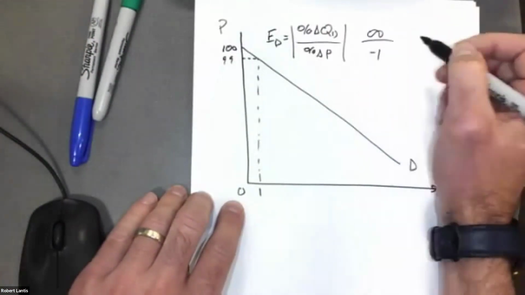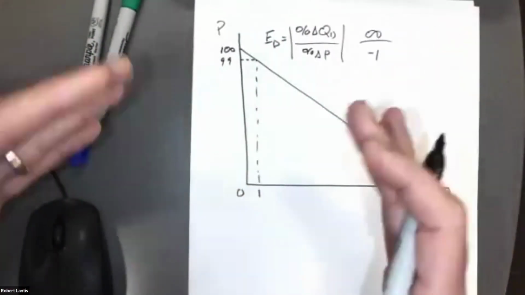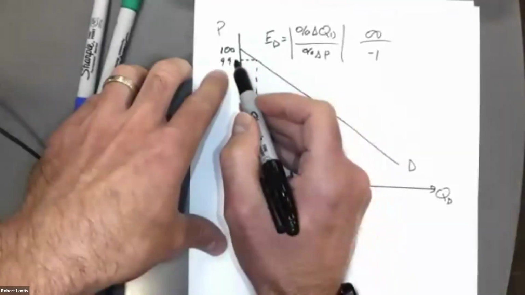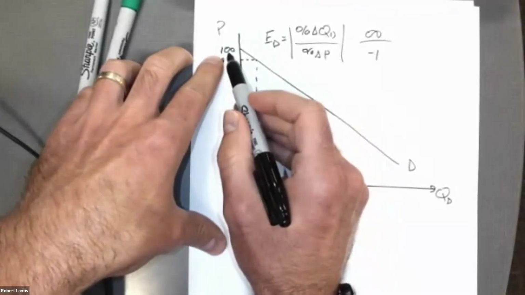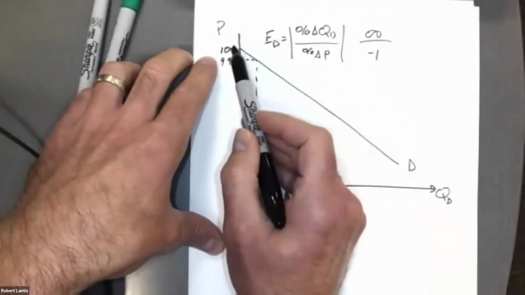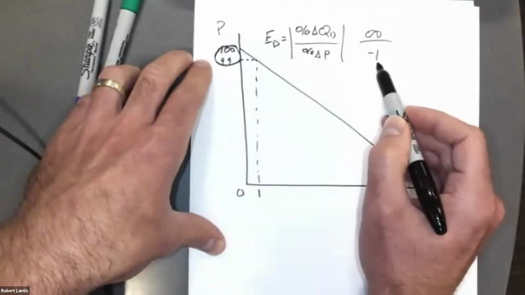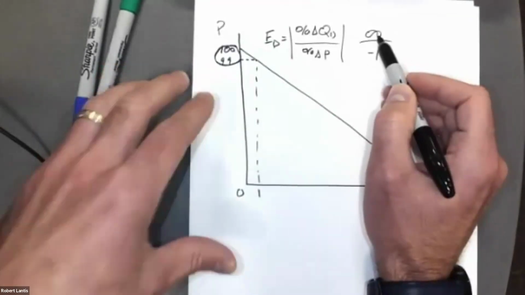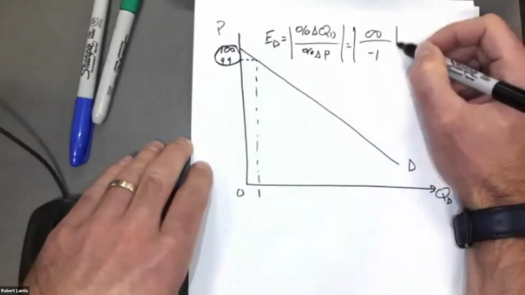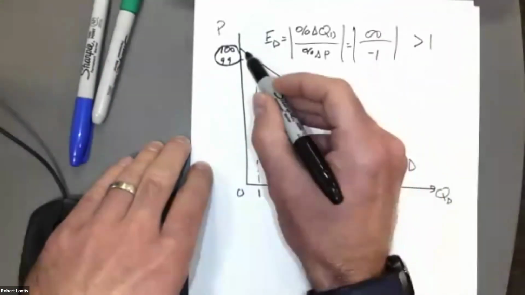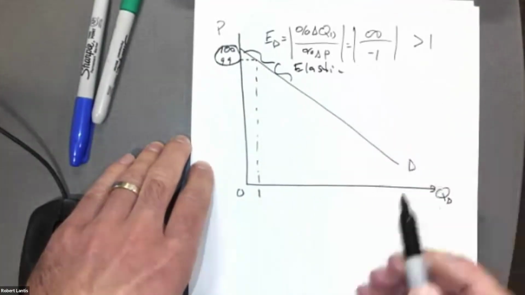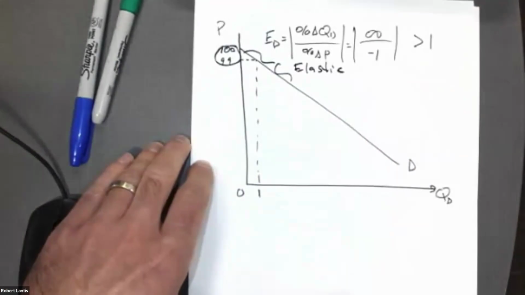So initially, if I don't use the midpoint method, and if we did, we would still find a very large percent change in quantity demanded, very small percent change in price, because the price started high and quantity demanded started low. So we know initially small percent changes in price will lead to really large percent changes in the quantity demanded. Well, then this, when we take the absolute value, is definitely going to be greater than 1. So initially, our demand curve is going to be very elastic, right?